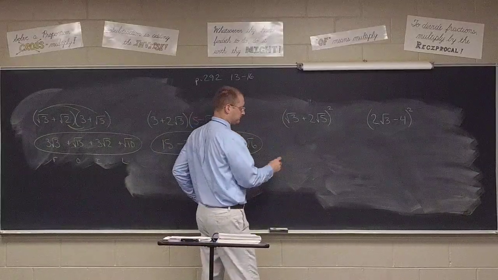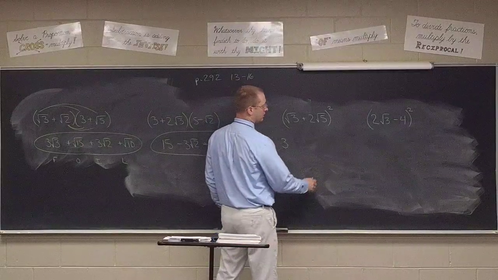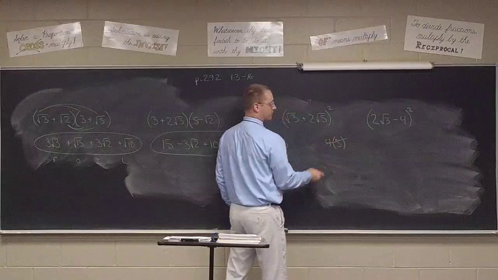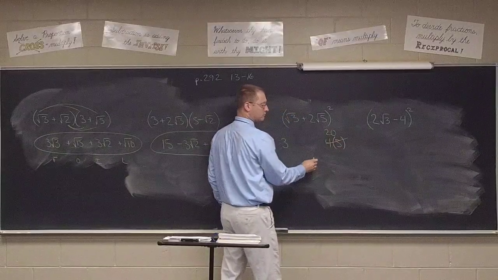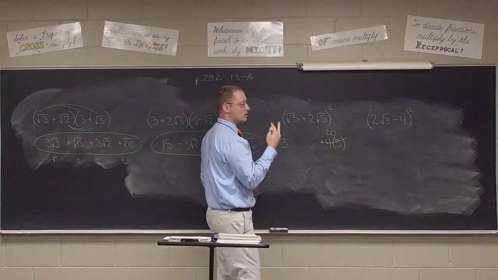Square the first. Square the last, which is, of course, 20. What sign? Always positive because you're squaring. Then multiply and double.